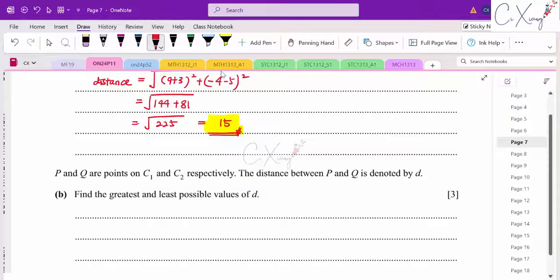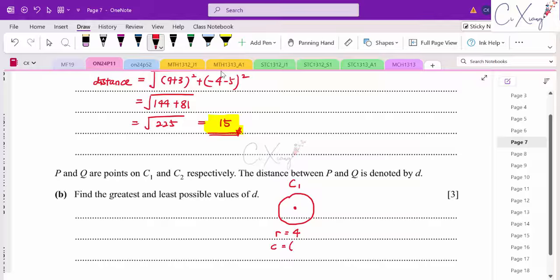Okay, so now let's say I'm having a first circle, I label this as C1. From the previous part just now, we know that the radius is equal to 4, then the center is equal to (−3, 5).